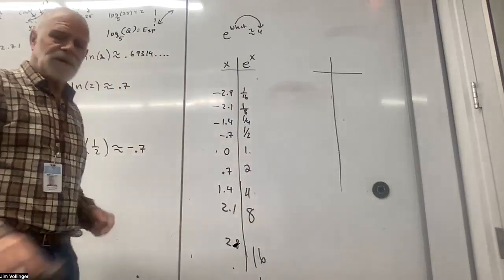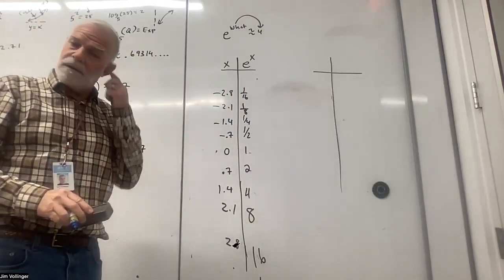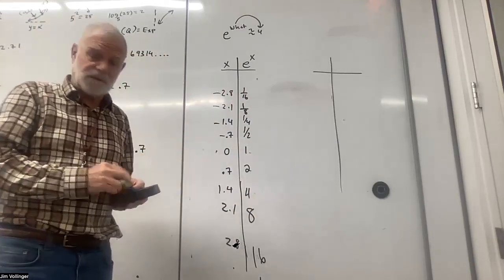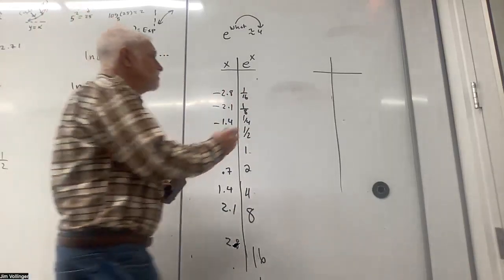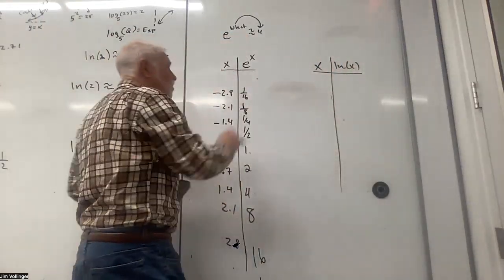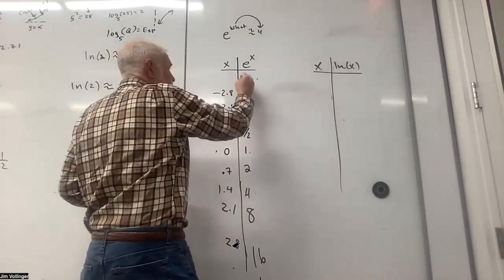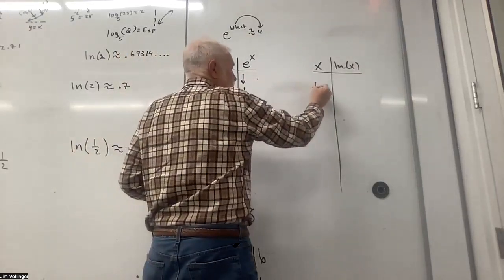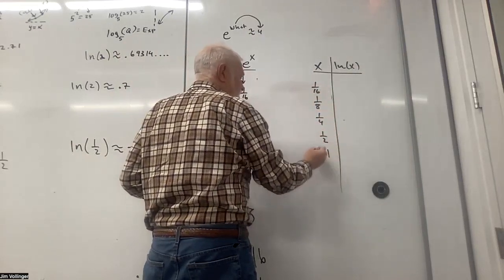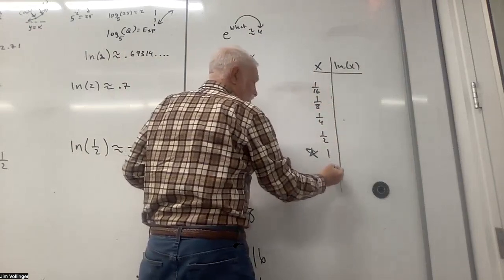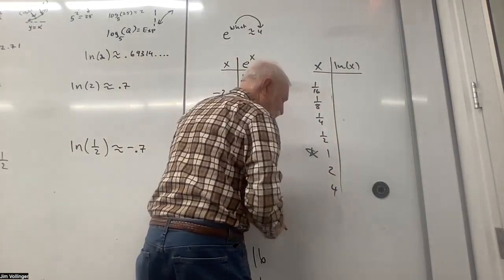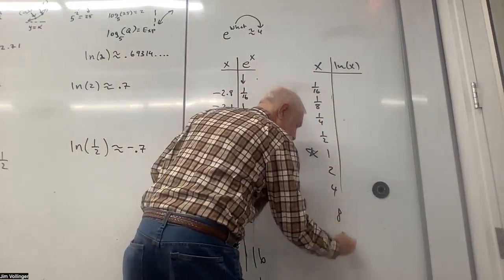You want to become familiar with these table values, because we're going to practice our rules of logarithms based on these values. So x and ln of x. Well, what's x in this case? x in this case is this column: 1/16, 1/8, 1/4, 1/2, 1, 2, 4, doubling, 8, 16.